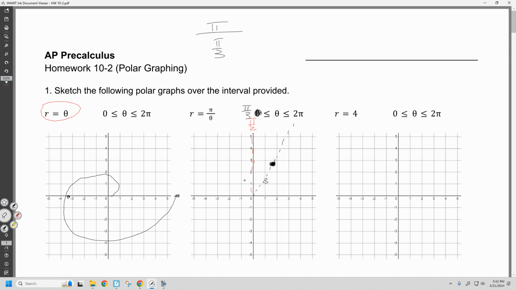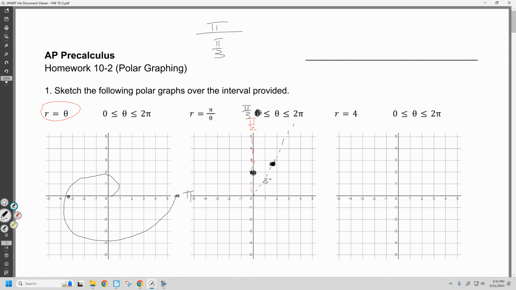Oh, nice job. Pi over 2, plugged in, gives us 2. We could do more angles, but let's just plug in pi. What happens when you plug in pi? You get a radius of 1.